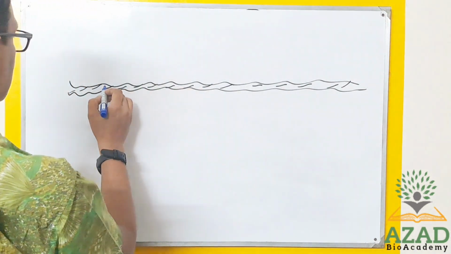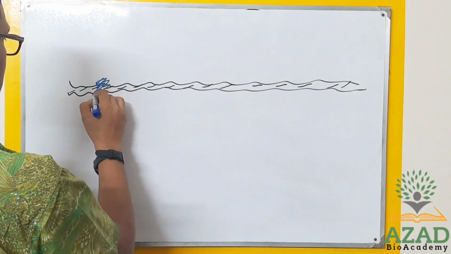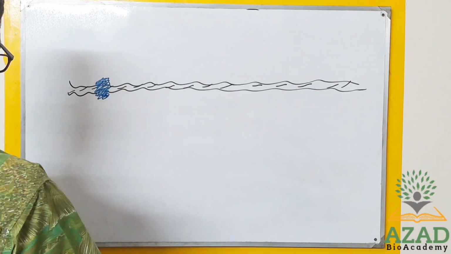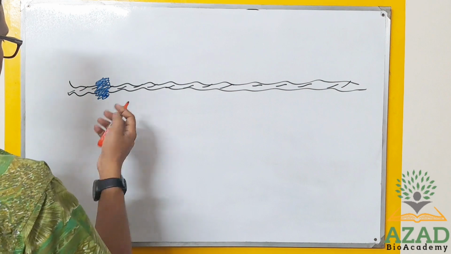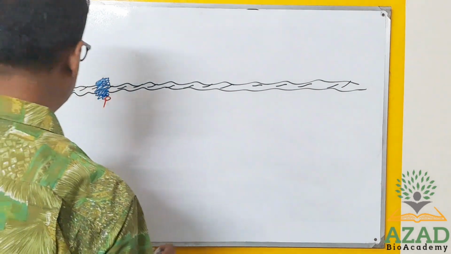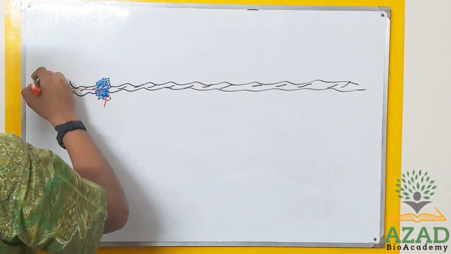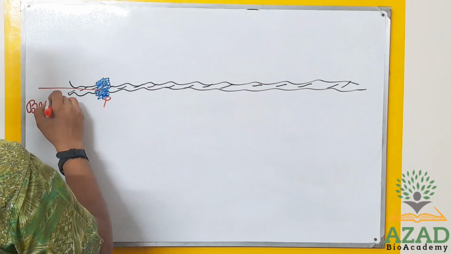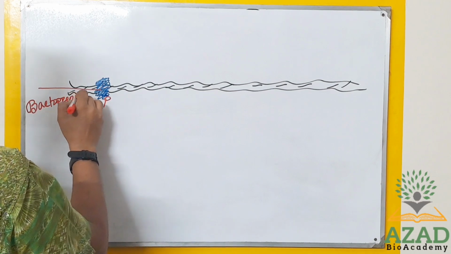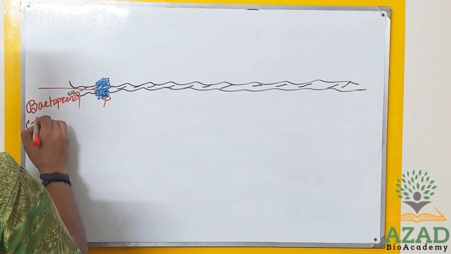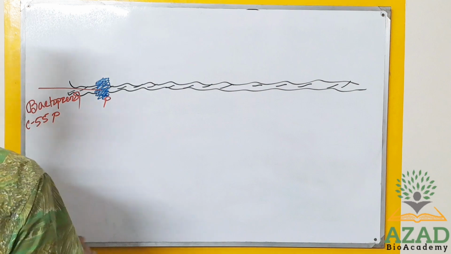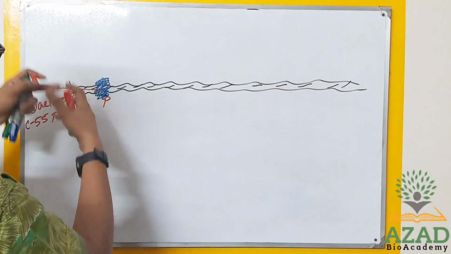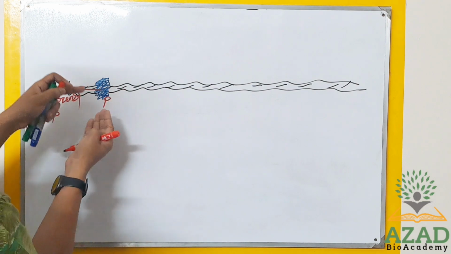In the membrane, it will carry a specific type of lipid, and that lipid initially carries one phosphate. This lipid is called bactoprenol. You can also say C55P, that is, a lipid containing 55 carbons, carrying one phosphate.